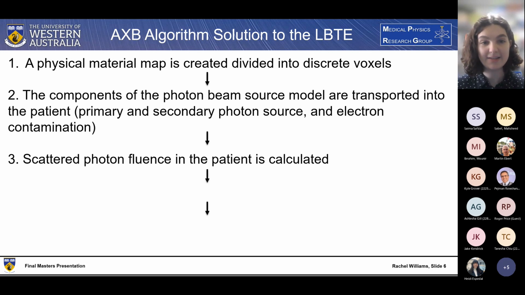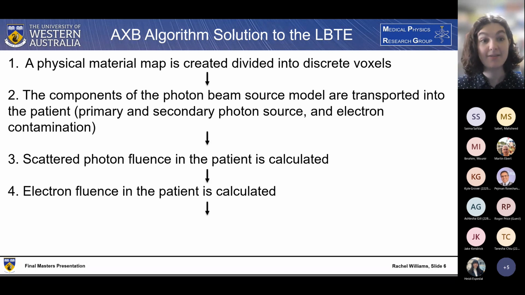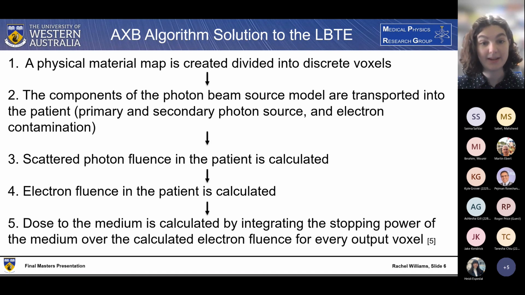The scattered photon fluence in the patient is then calculated, and from that, the electron fluence in the patient is calculated. The dose to the medium is calculated by integrating the stopping power of the medium over the calculated electron fluence for every output voxel.